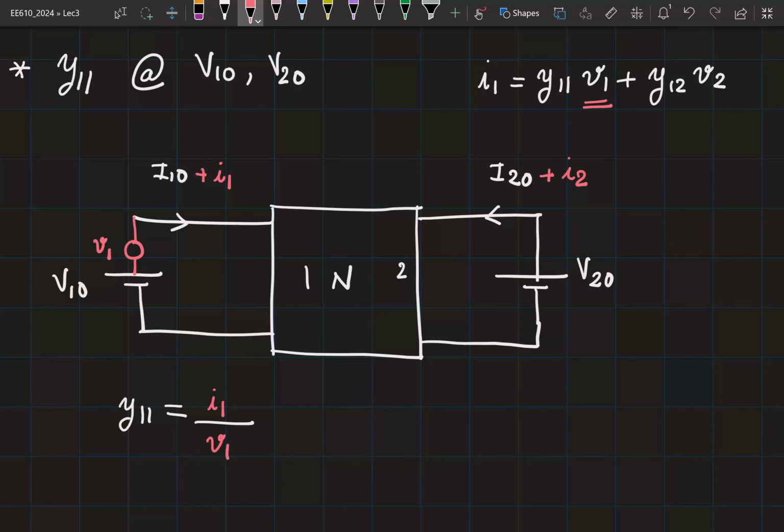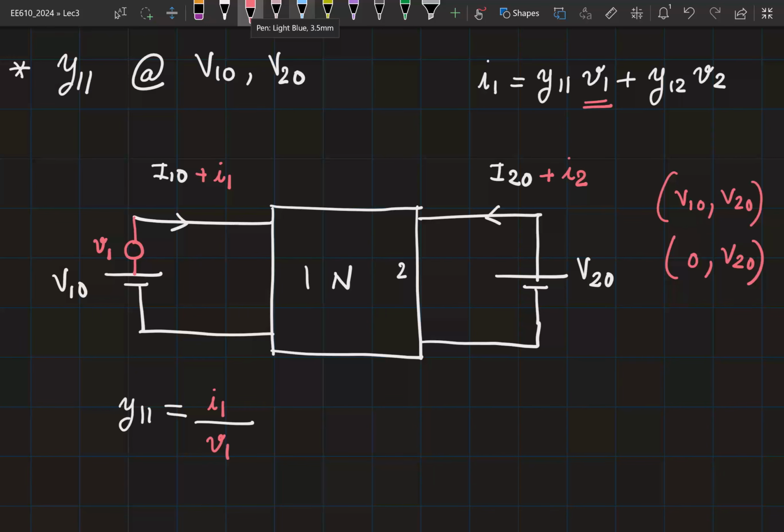Now how would you measure the small i1 separately? What will you short? You will short V10. The moment you short V10, the biasing point is now different. Instead of biasing at V10, V20, the moment you remove V10, you have biased it at 0, V20. It's a different biasing point.